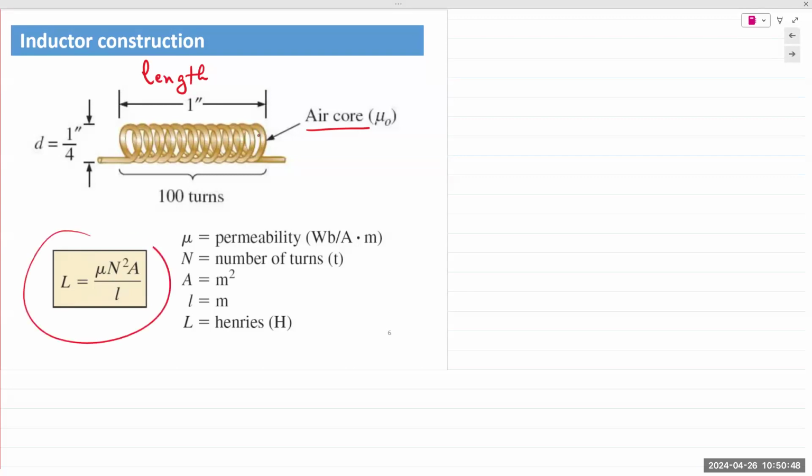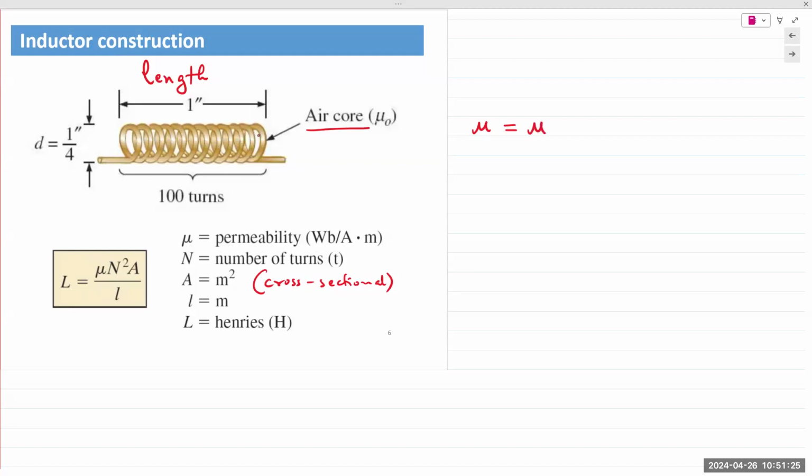The equation is given by L equals mu n squared A over l, where A is the cross-sectional area of the coil. Mu is defined as the permeability. Permeability, again, is the ease with which a magnetic flux line can be established through the core.